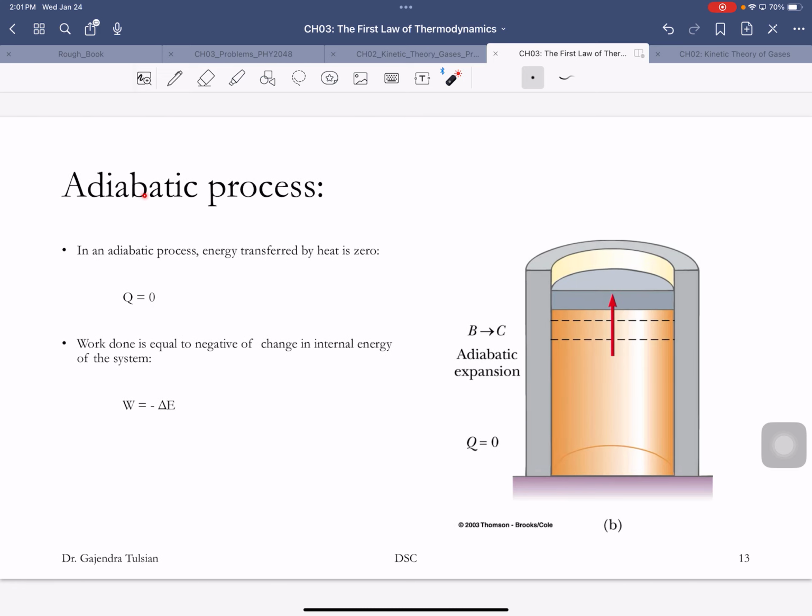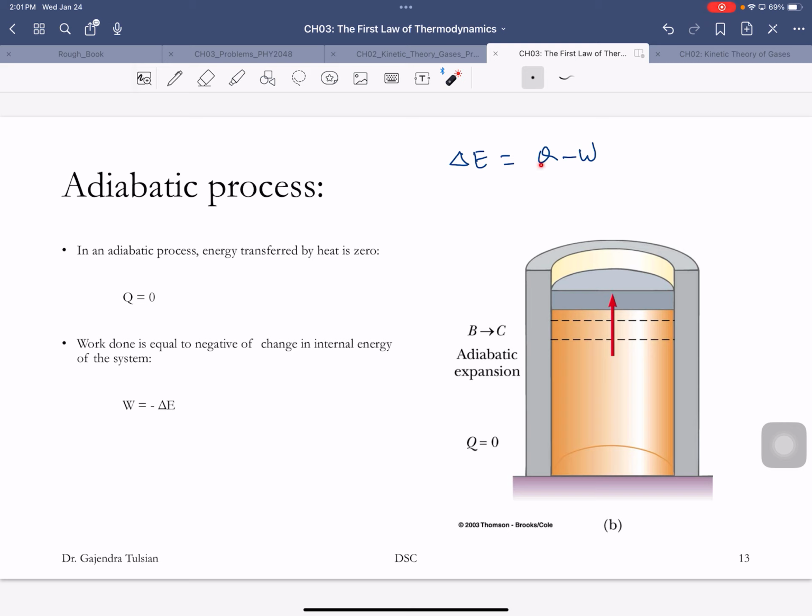An adiabatic process is a process where no heat is absorbed. Okay, so delta E equal to Q minus W. So no heat is absorbed. So if you did any work, that means your internal energy decreased by that much. Now, here's a useful analogy, a financial analogy.